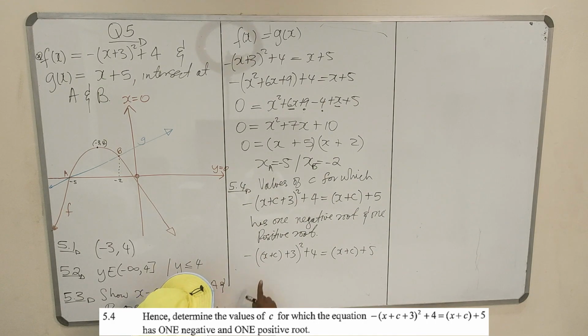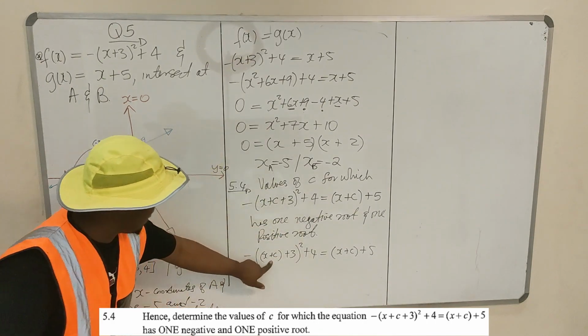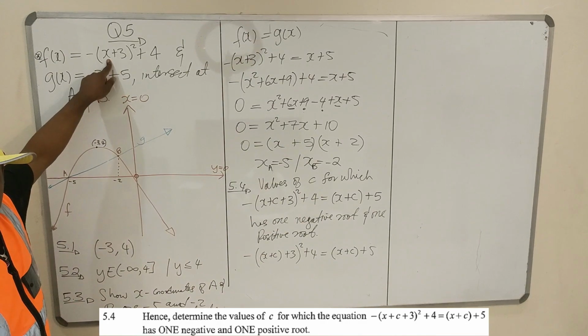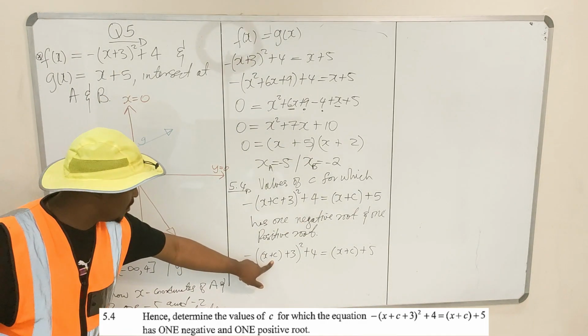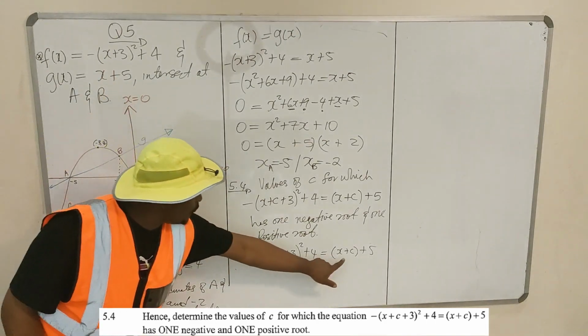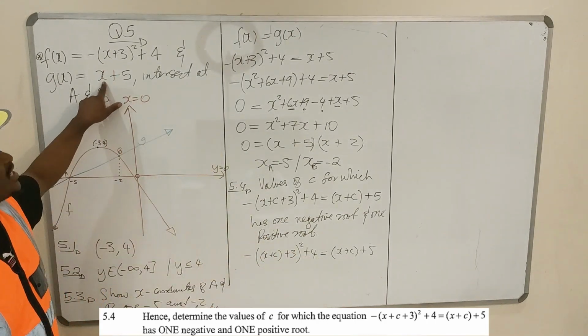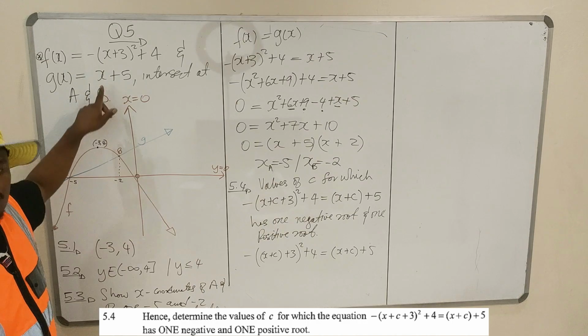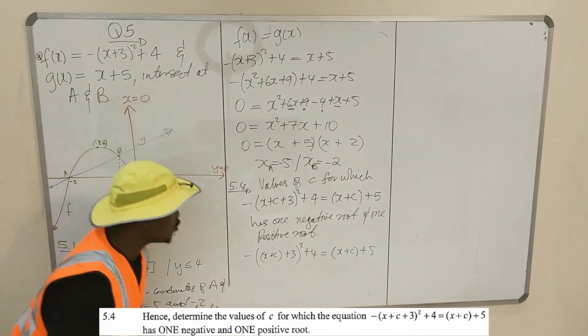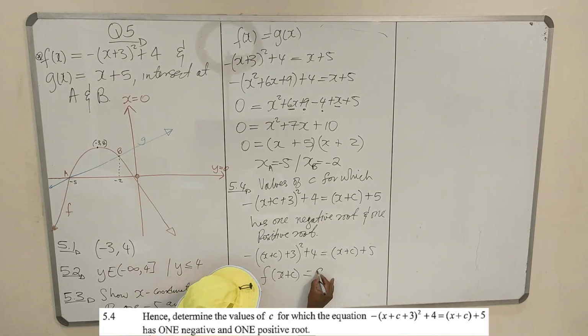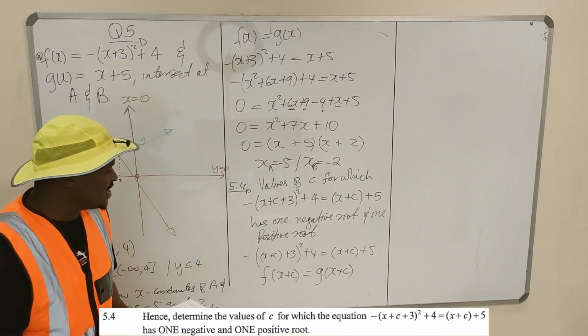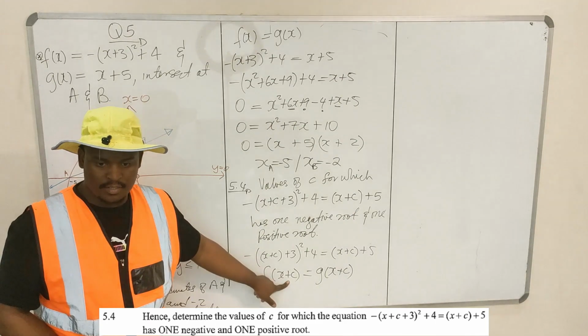So it's like on your original function f, you substitute x plus c there, and on your function g, you substitute x plus c there. So this is f at x plus c, and this is g at x plus c. So this is how you know that this is a horizontal shift.